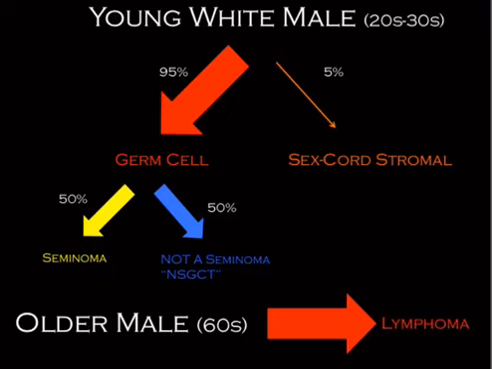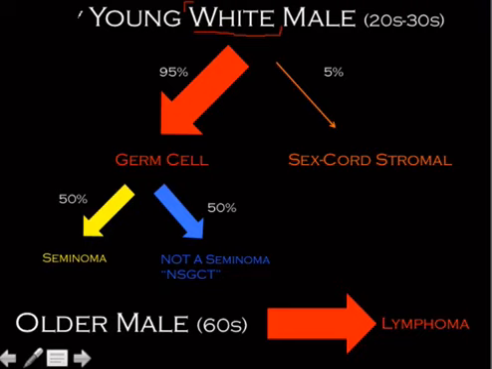Another thing that I want to point out here is that I use this word, race. Anytime race shows up in the header of a multiple choice test question, you need to set off your spider sense that it's being put in there for a reason, because age and race matter for testicular pathology. 90% of testicular cancers are in young white people.